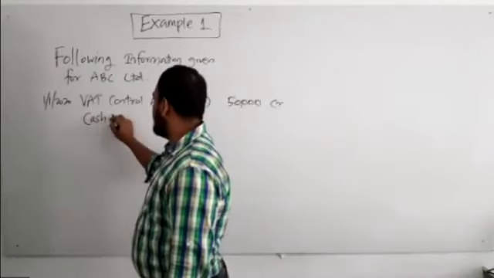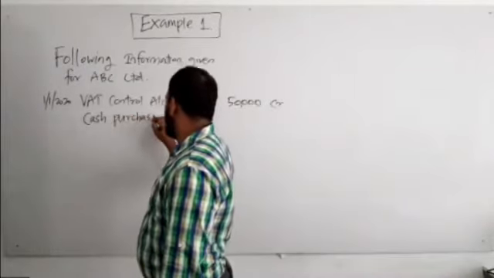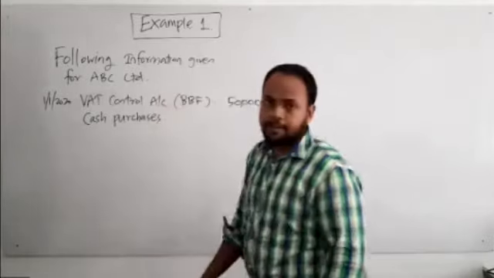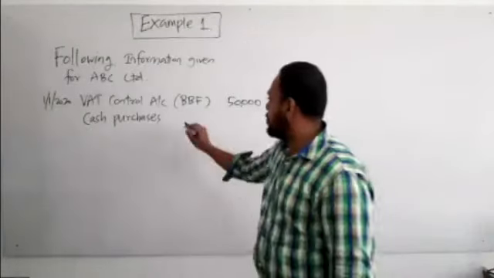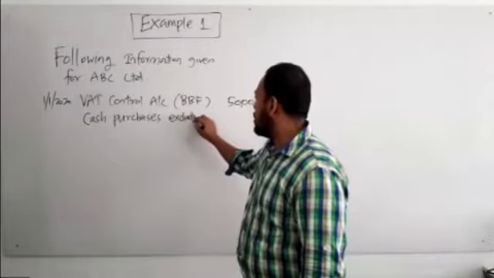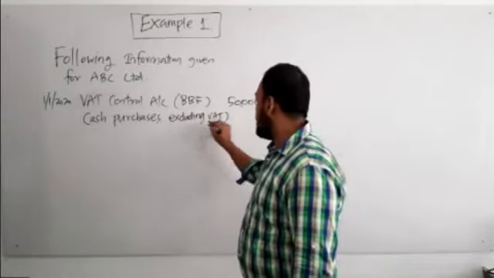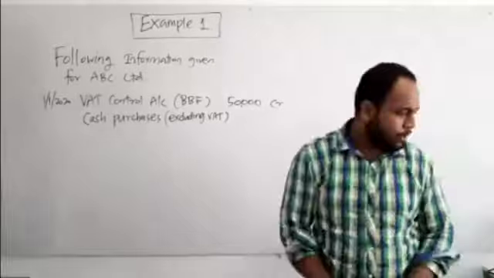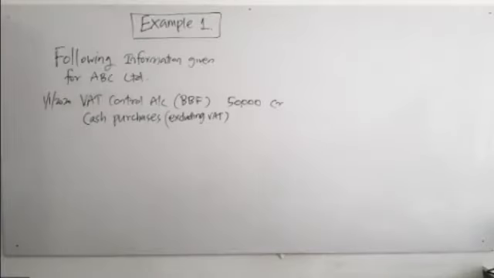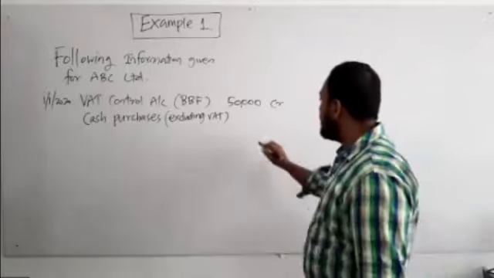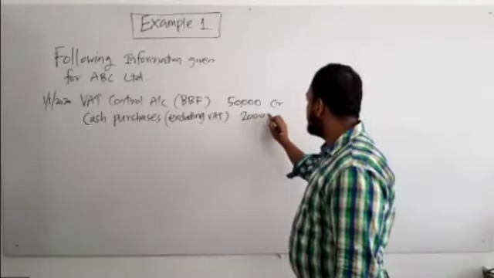Then we have cash purchases excluding VAT. Cash purchases excluding VAT 20,000.